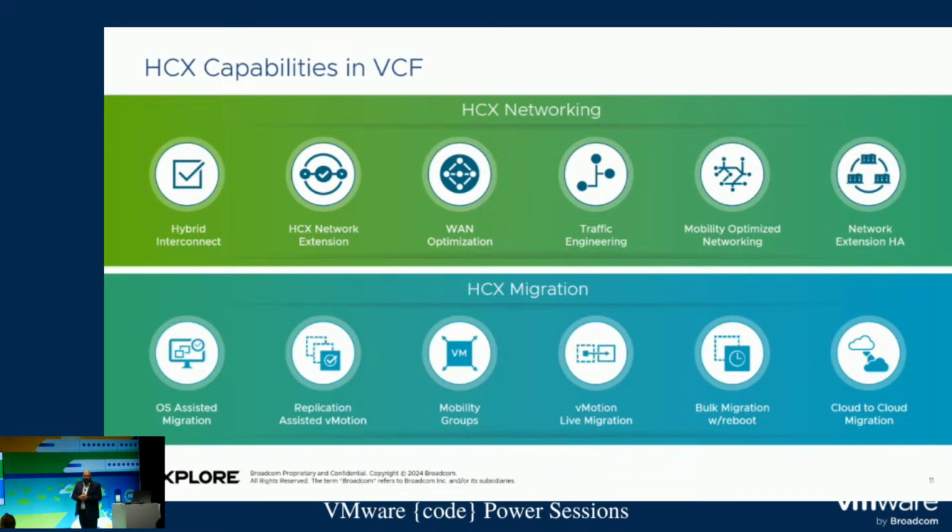And the same thing if you have file servers with replicated data, the same file in different folders, the dedupe compression is going to work there for you. Bulk migration with Replication Assisted vMotion: bulk migrations with no downtime, but planned. And network extension, WAN optimization, and hybrid connectivity.